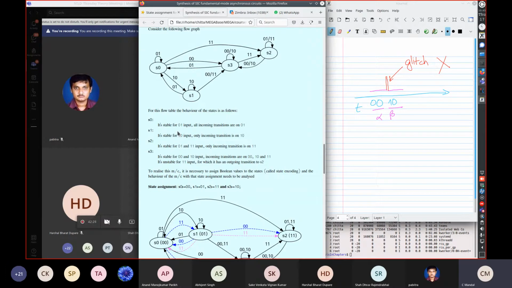Here what you're seeing is that the incoming transitions are also on 0, 1. Here, as you can see, the incoming transitions are also on 0, 1.